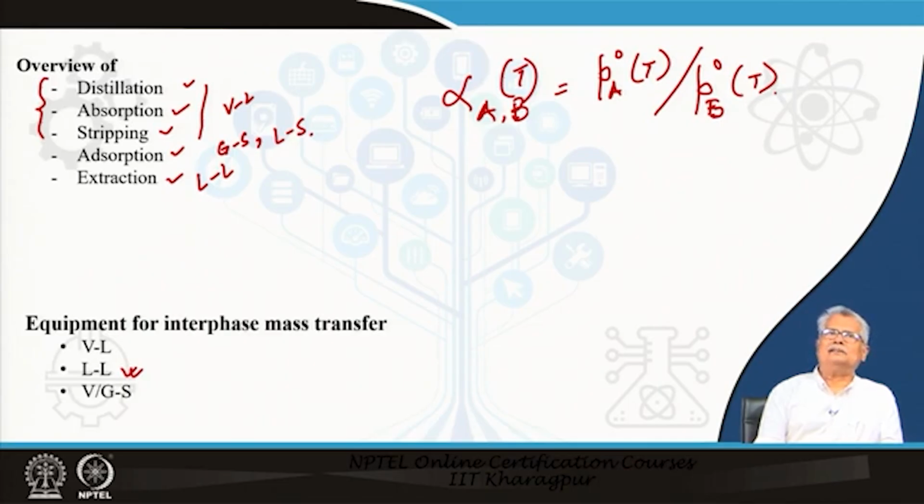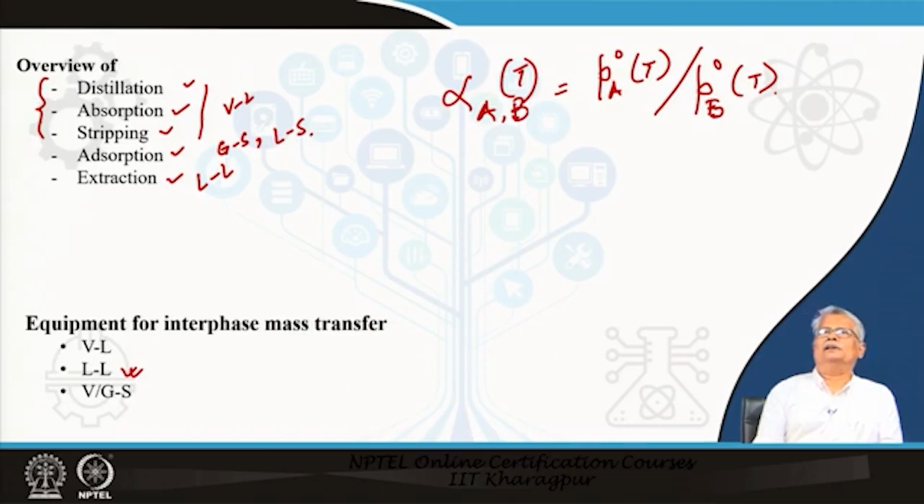If you look at the separation stage wise, there is no basic difference between distillation, absorption and stripping. What I would like to say here is that each of these processes can be approached with a generalization.